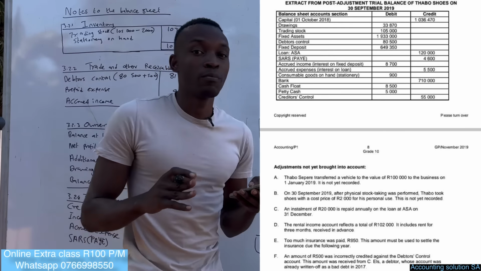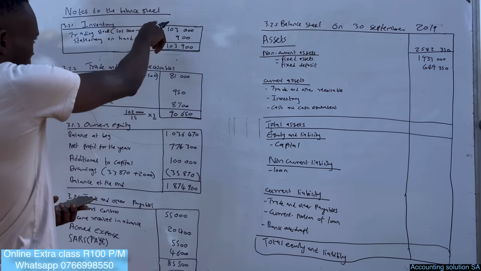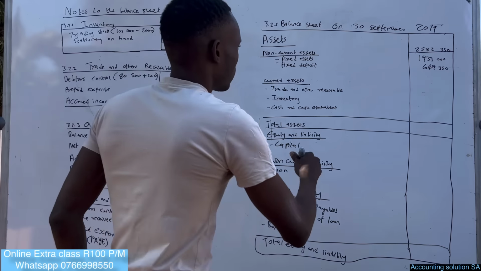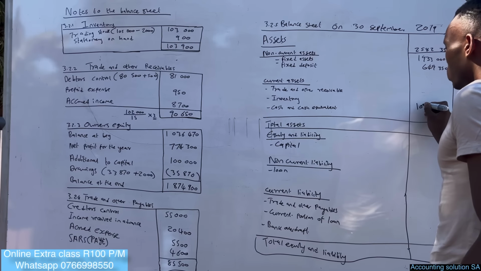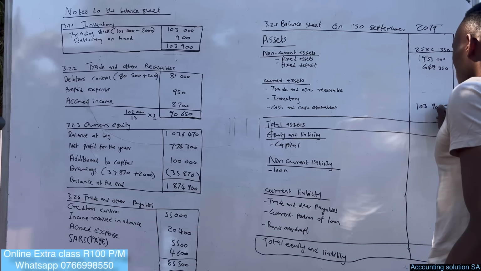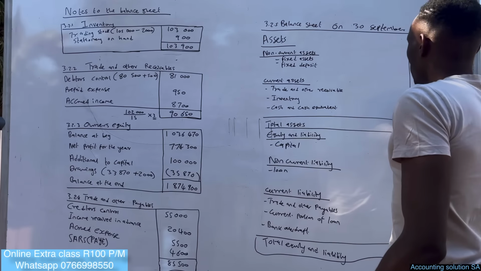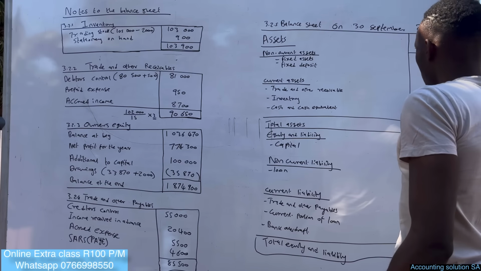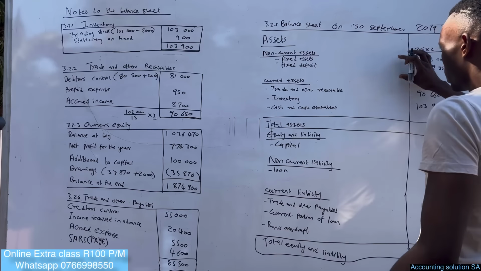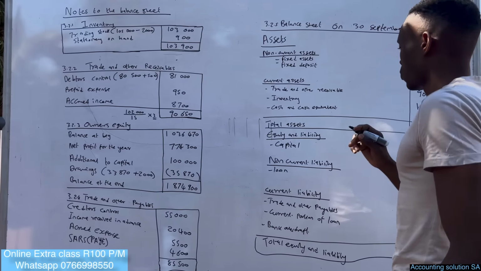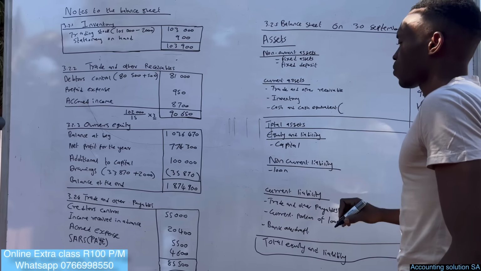Let me show you. Okay, let's look at the balance sheet. We have prepared inventory already, which means that inventory, we have amount which is 103,900. We have prepared trade and other receivable, which is 90,650. This one they were already given under answer book. Okay, cash and cash equivalent, we must work this one.